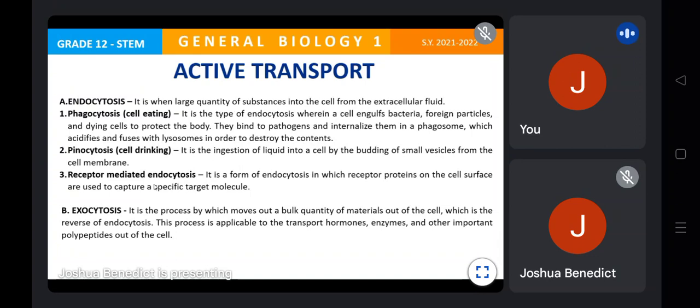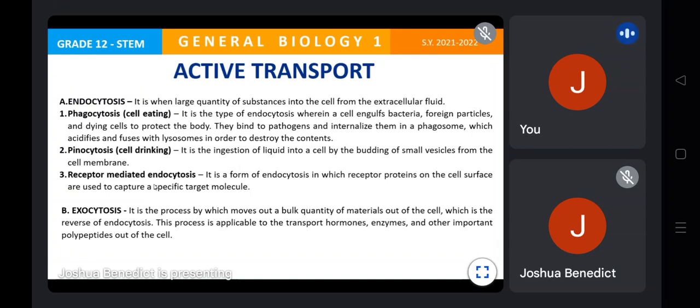Magiging phagosome yon na kung saan ito ay mapupuno ng acid, and the lysosomes will then destroy them. That's phagocytosis. Pinocytosis naman is cell drinking. So basically, they are the same thing, but how the things that they handle are different. Yung isa solids, yung isa liquids, fluids.